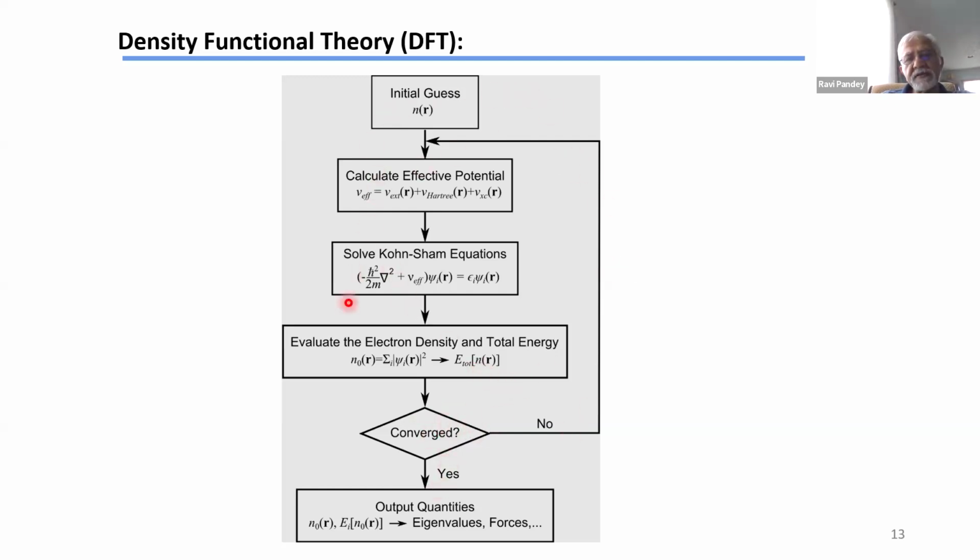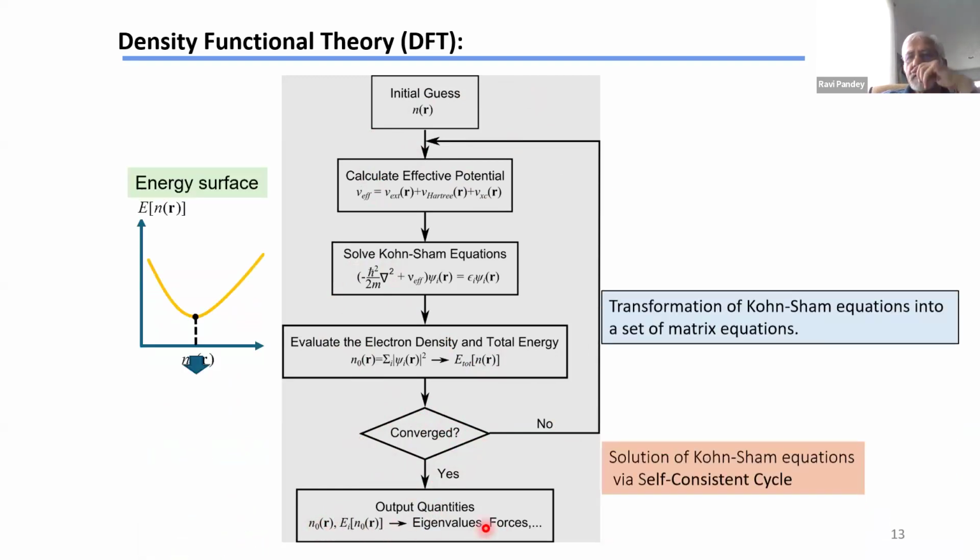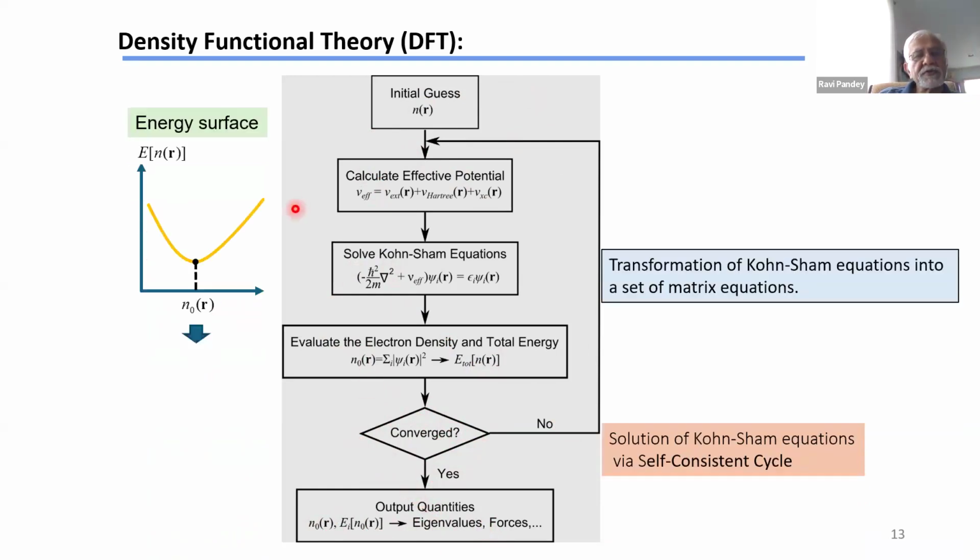This is called the self-consistent field approach to solve the Kohn-Sham equation. Once you have the energy and the density, you can easily calculate other properties. The trick of the trade is that we calculate the energy surface, so you are calculating the total energy of the system by varying the electron density. Once you have the minimum in energy, we call it the ground state of the given system.